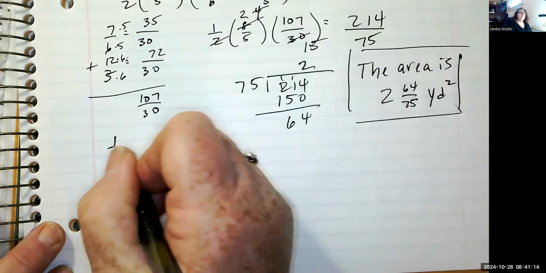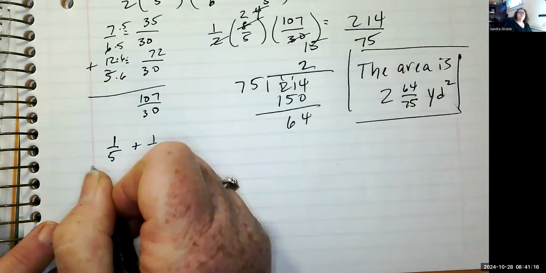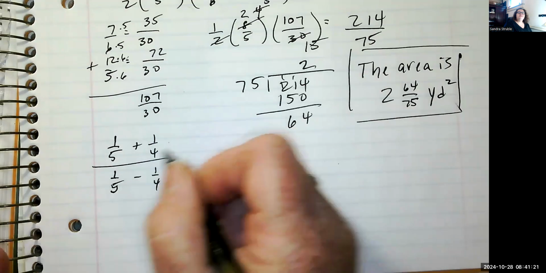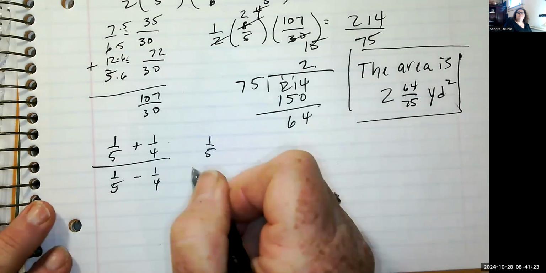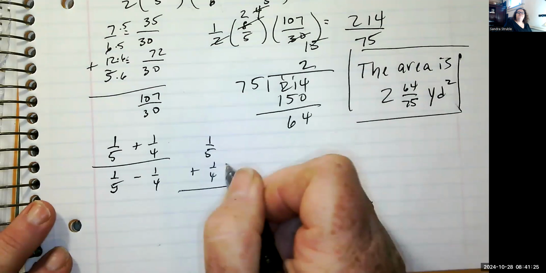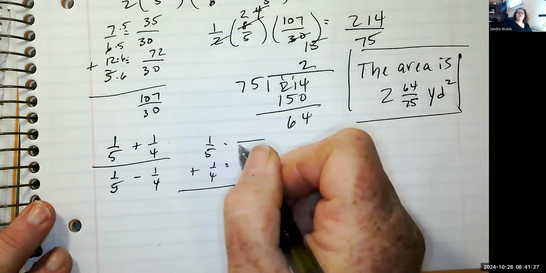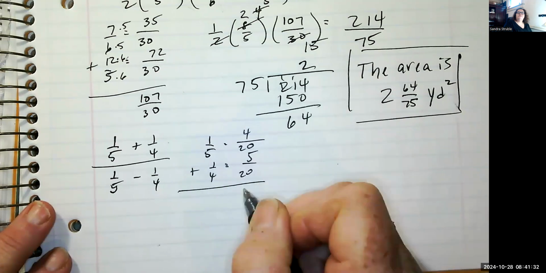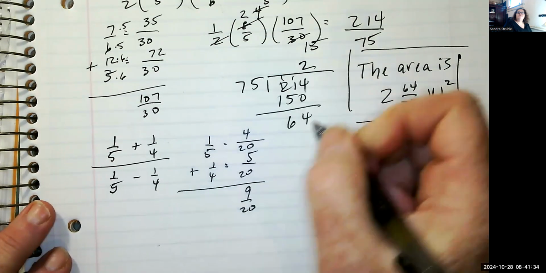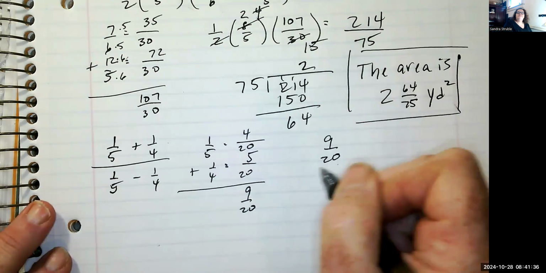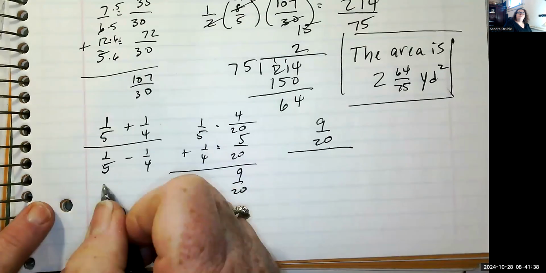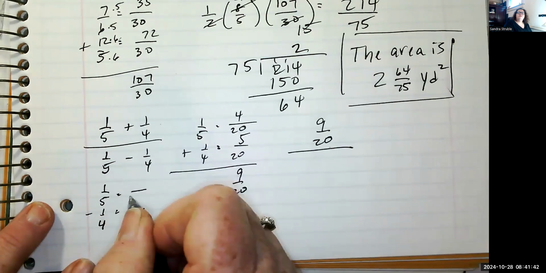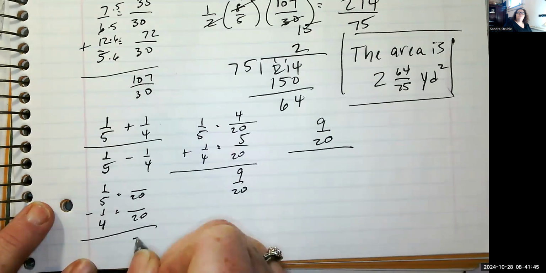1/5 plus 1/4 over 1/5 minus 1/4. I'm going to stack these. 1/5 plus 1/4. 20 is my common denominator. So this is my numerator. And then 1/5 minus 1/4. 20, 20, 20.